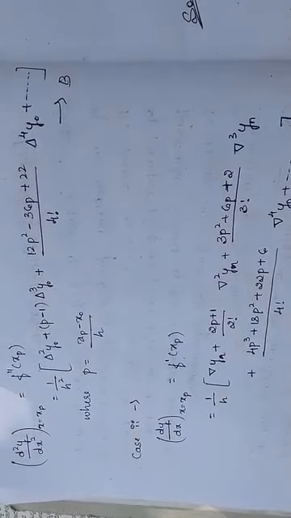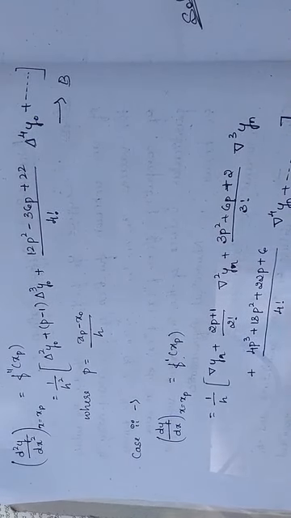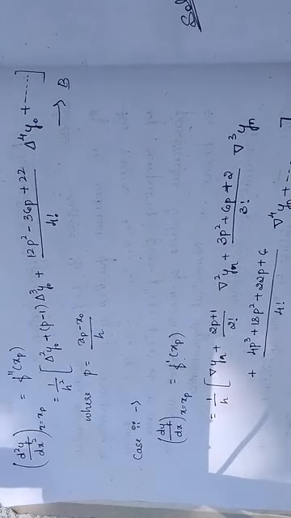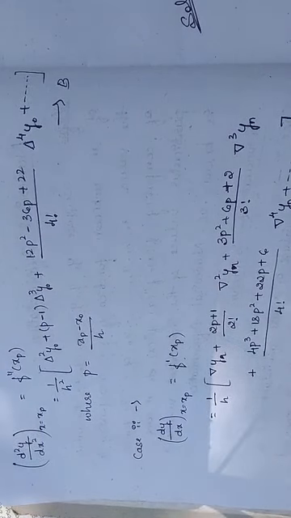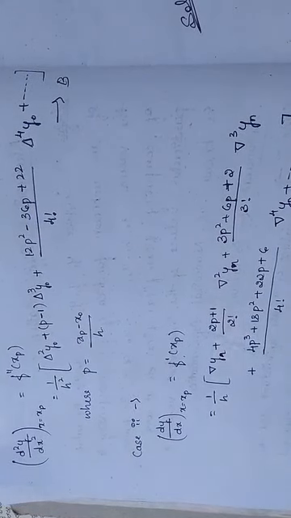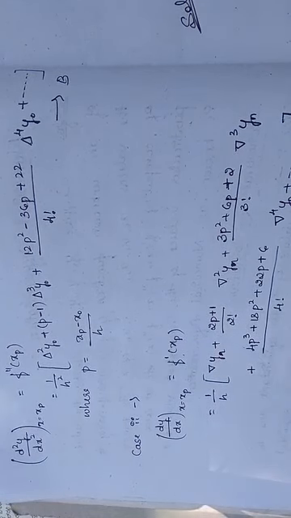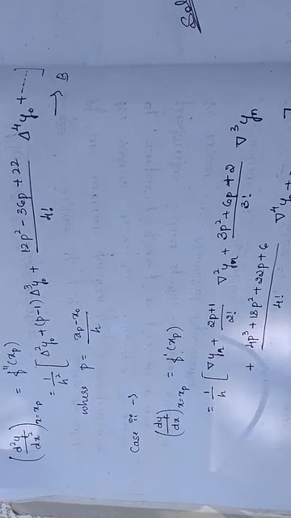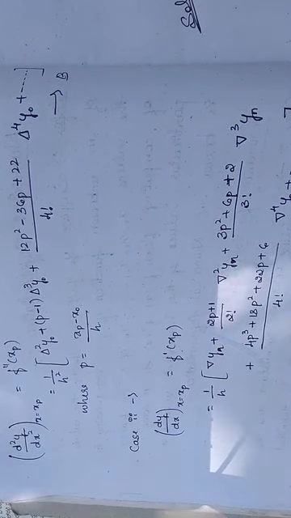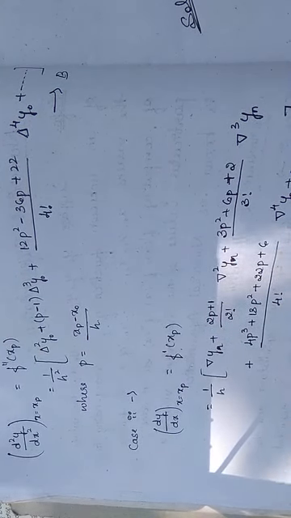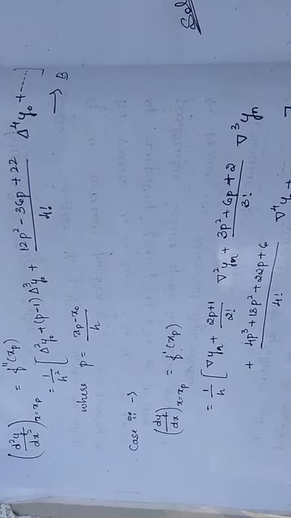Now equation 3 will be d square y by dx square at x equals xp, that equals f double dash of xp, that is 1 by h square into delta square y0 plus p minus 1 delta cube y0 plus 12p square minus 36p plus 22 divided by 4 factorial into delta to the power 4 y0 plus so on.